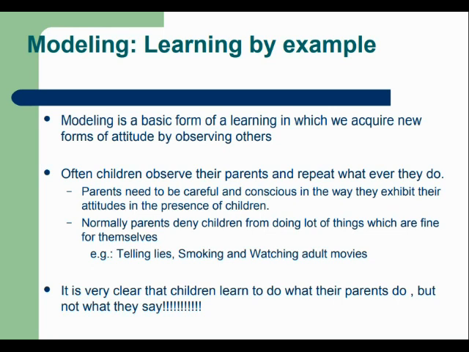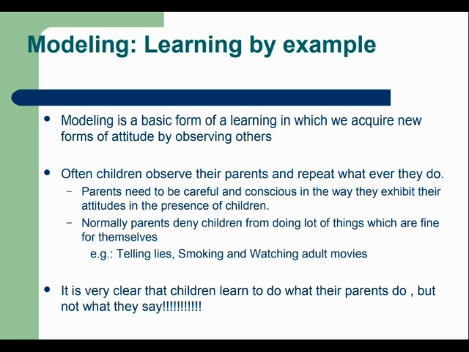Modeling, learning by example. Modeling is a basic form of learning in which we acquire new forms of attitude by observing others. Often children observe their parents and repeat whatever they do. Parents need to be careful and conscious in the way they exhibit their attitudes in the presence of children.